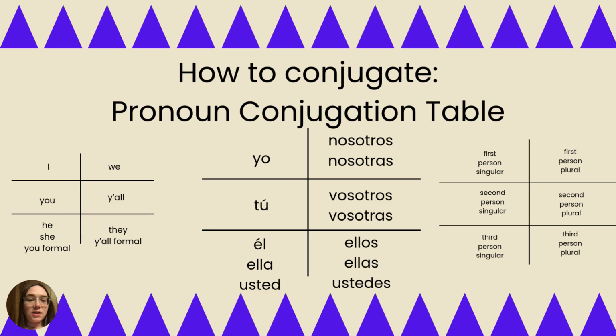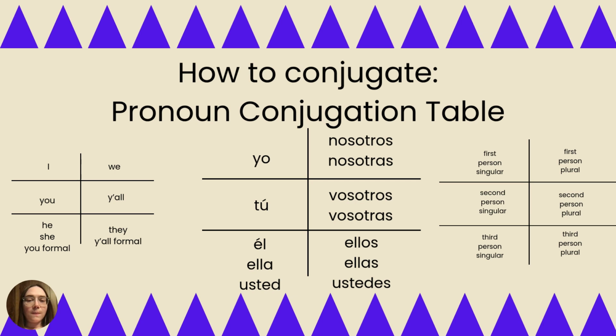So each box stands for something. We have, as you see on the side of the screen, I in Spanish is yo. That is the first part. You in Spanish is tú. This is the tú box. Él, ella, usted, formal you, go in this bottom box. We, nosotros, nosotras, is in this top box.